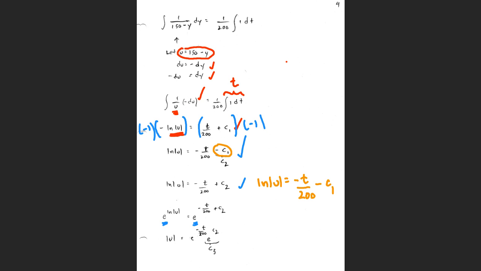I just find it easier to replace it. I like to reduce the amount of negatives I see in the equation.